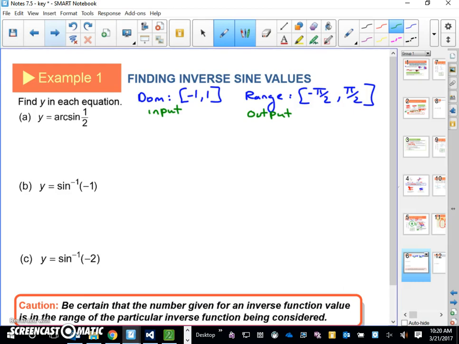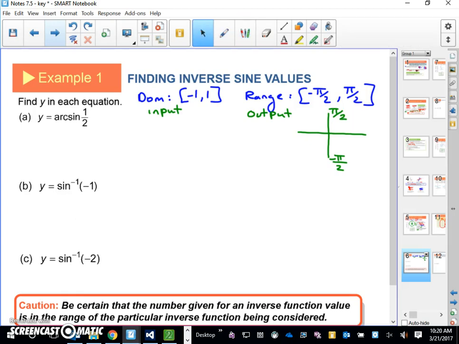Also with the range, negative pi over 2 to positive pi over 2. We all should know that pi over 2 is up here, like 90 degrees. So negative pi over 2 would be down here. That's like negative 90 degrees. And so when it says that the range is from negative pi over 2 to positive pi over 2, it's talking about from here to here, basically.